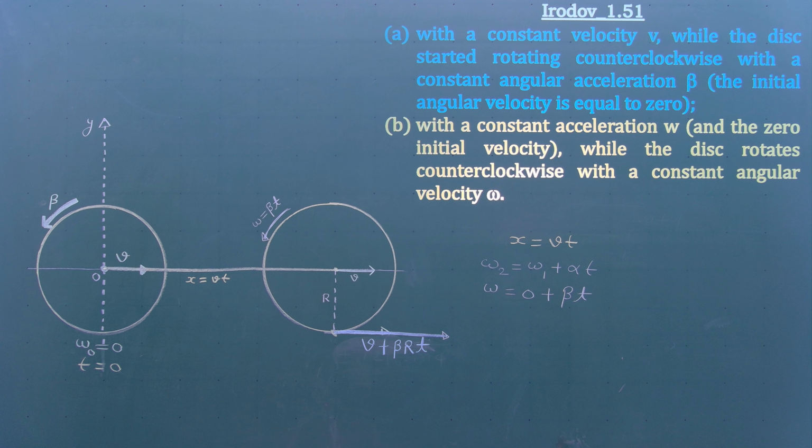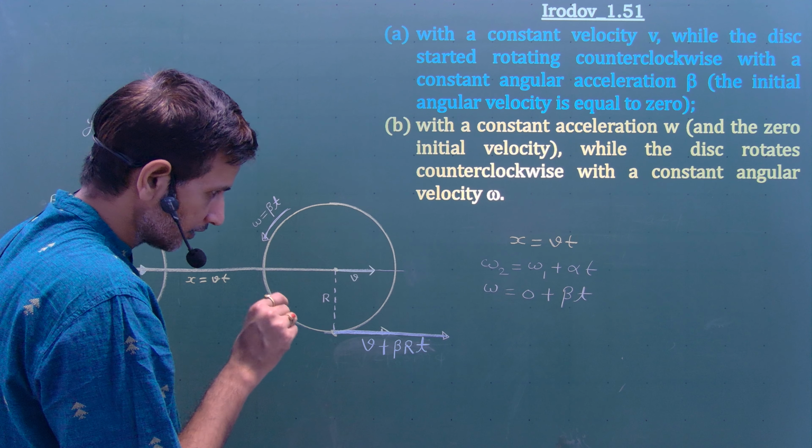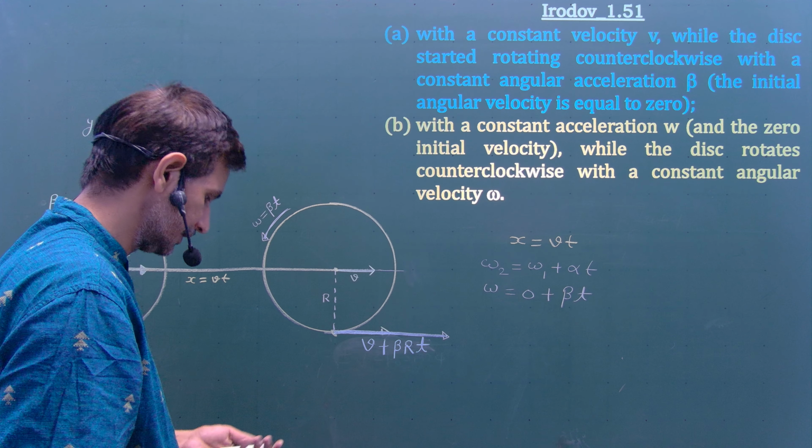Now we have to find the position of the instantaneous axis. How to do that? The instantaneous axis of rotation is always on a line perpendicular to the velocity.